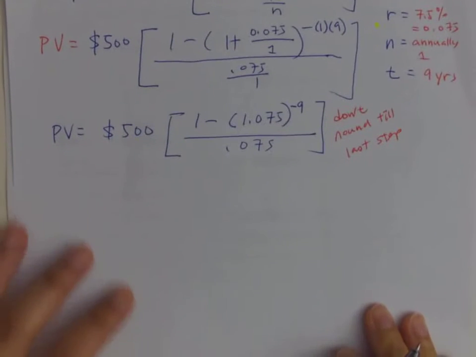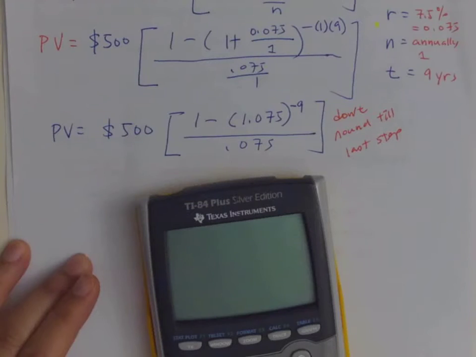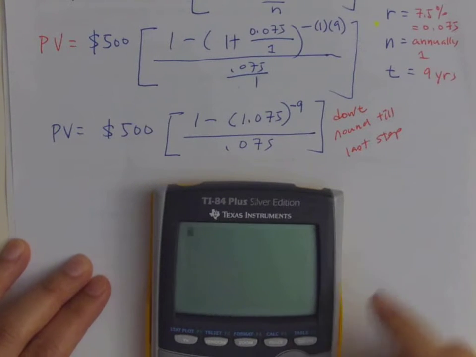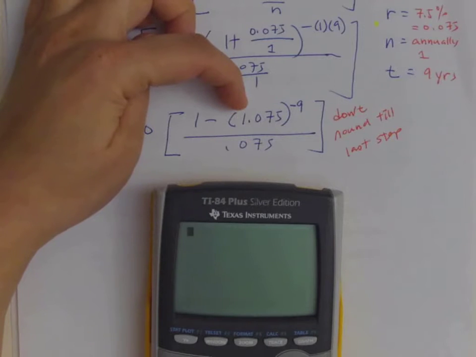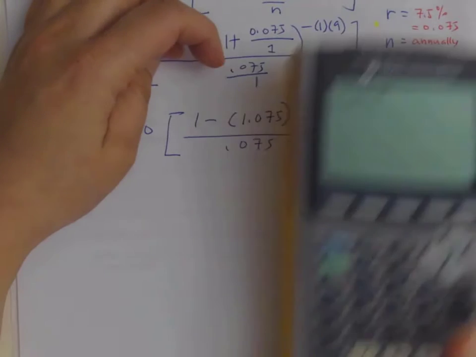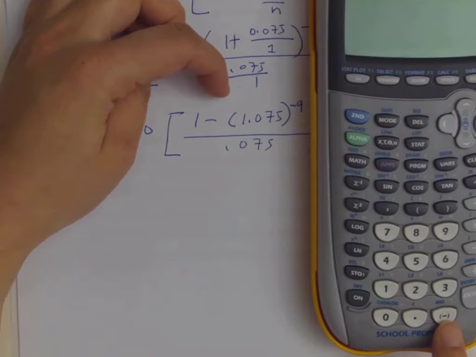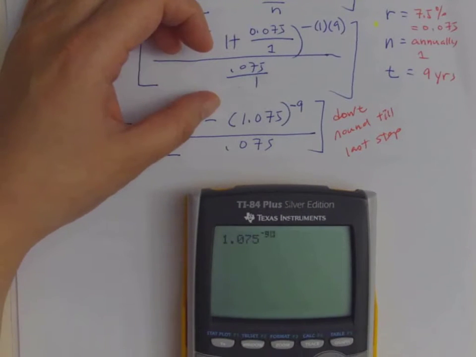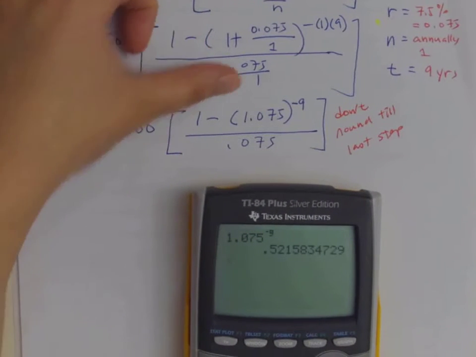Let's get my calculator. I'm going to do this part first: 1.075 raised to negative 9. Don't forget to use the negative sign. Enter. So this is the answer here.